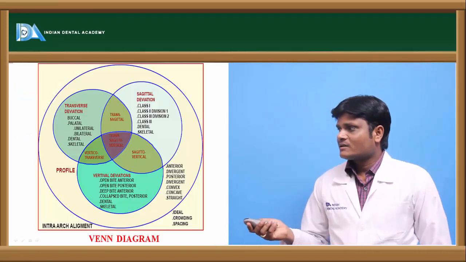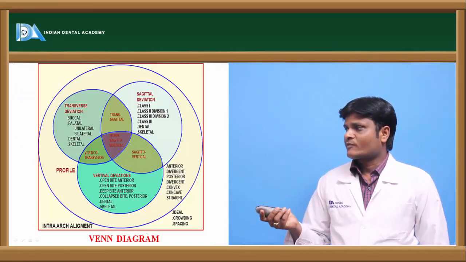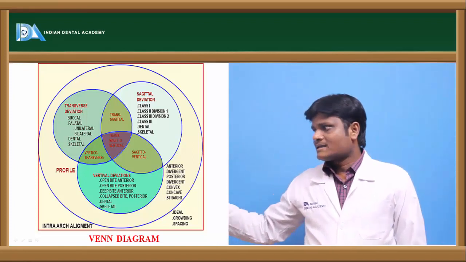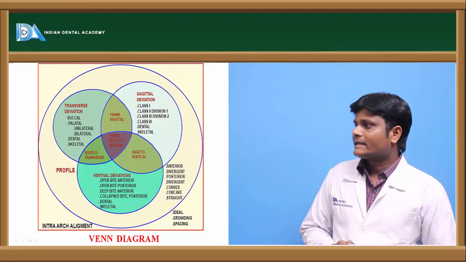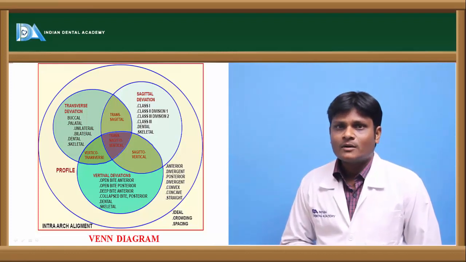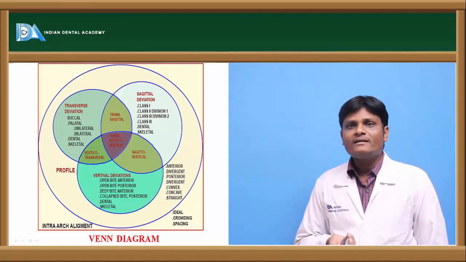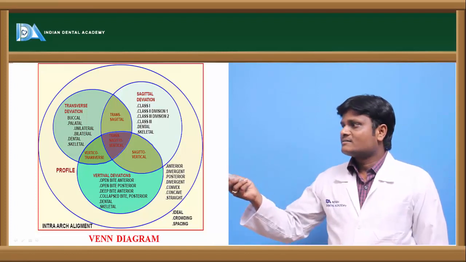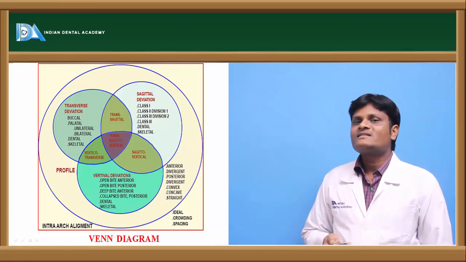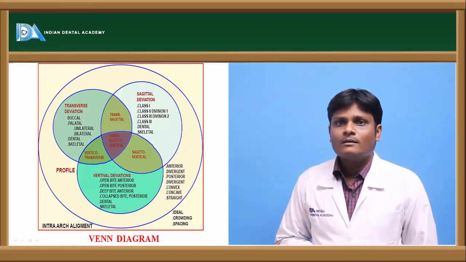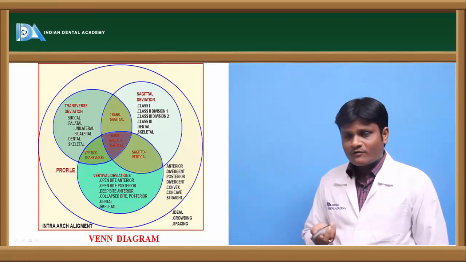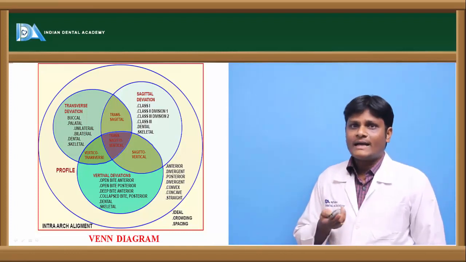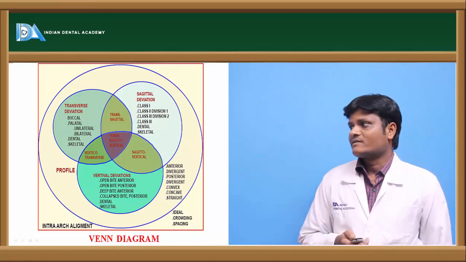Actually, we can represent the Ackerman and Proffit system of classification by means of a Venn diagram. The larger square box indicates arch alignment, whether the arches are optimally aligned or whether there are any crowdings and spacings. A big circle within the box indicates profile, whether the face is convex, concave or straight, and divergence, whether it's straight, anteriorly divergent or posteriorly divergent.